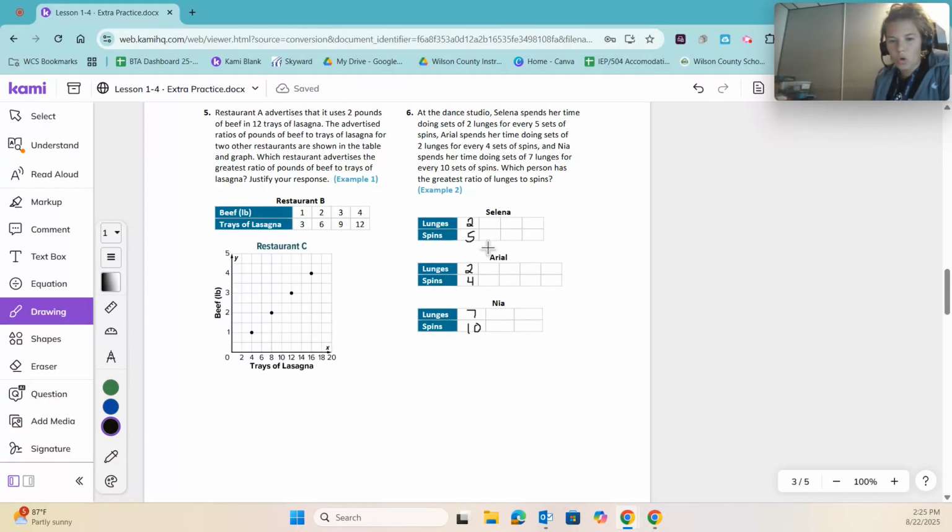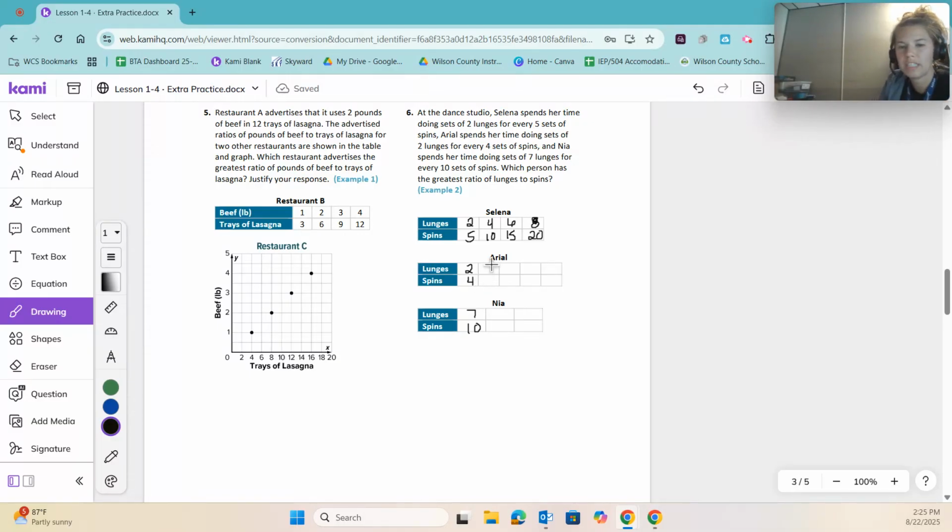Okay, so we can complete our tables here. So for 4 lunges, we will have done 10, 15, 6, and 8, 20. All right, so I went up by 5 each time on the bottom and up by 2 each time on the top.